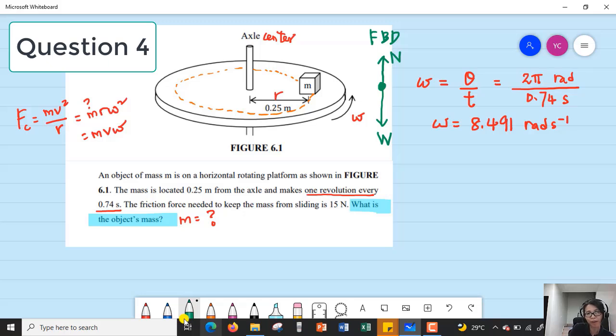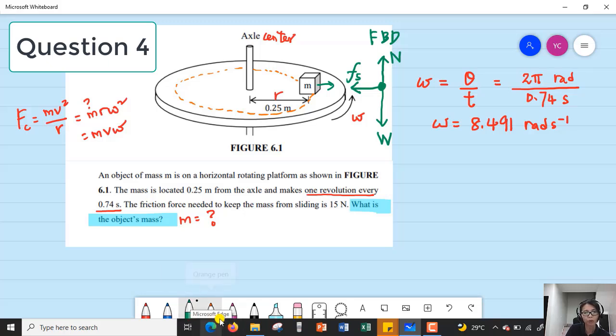It means that we want to prevent this mass from sliding away from the rotating platform. So we have a friction force that prevents the mass from moving out of the rotating platform. The mass tends to be thrown outward, so friction must act inward, towards the axle. So we have static friction towards the center of the platform, so that this object will rotate and will not be thrown outside.